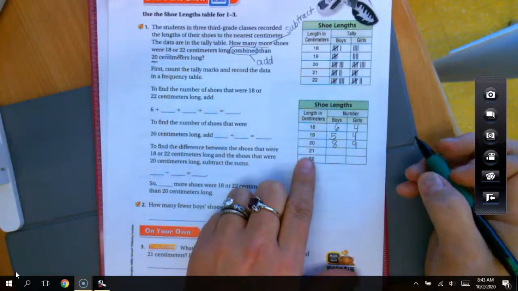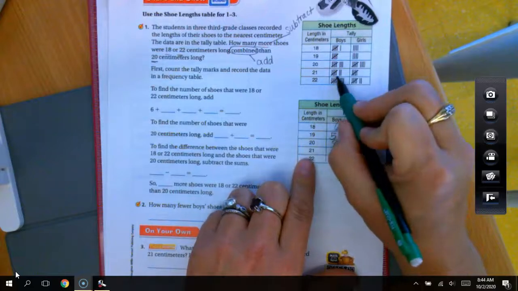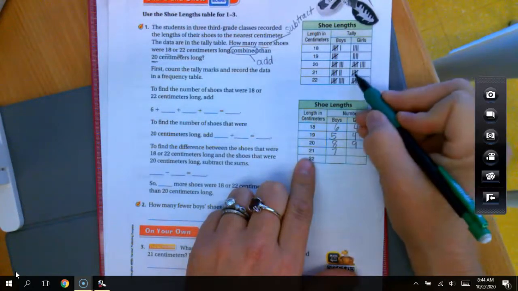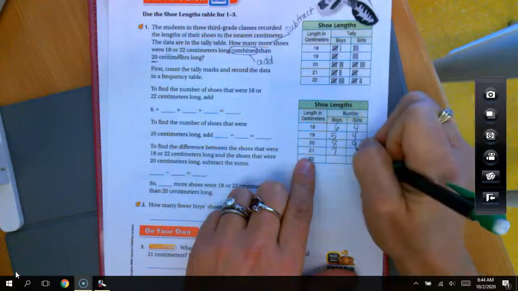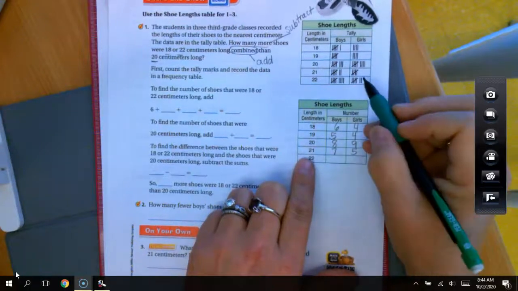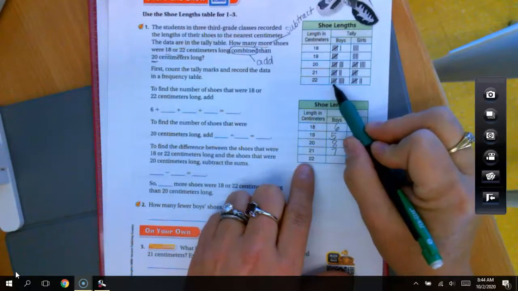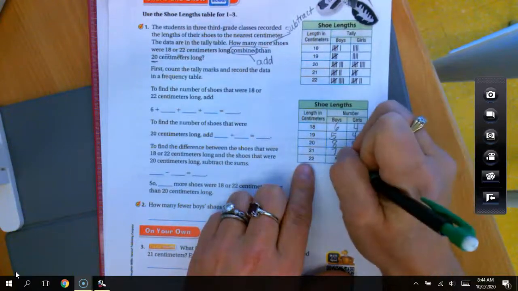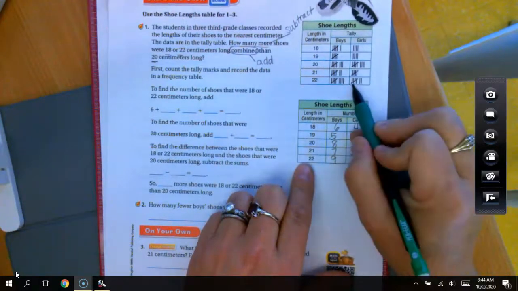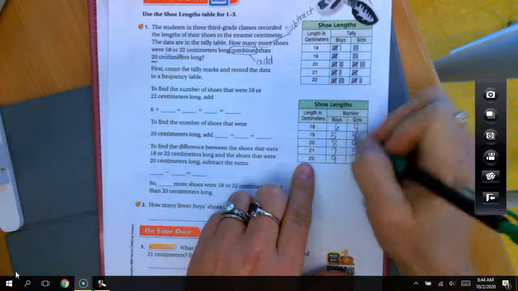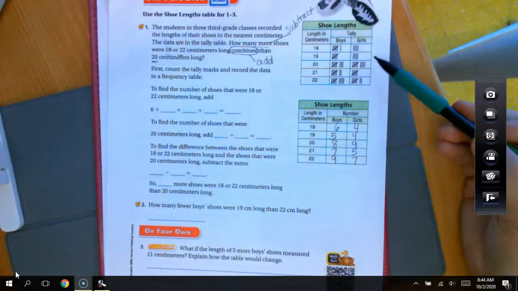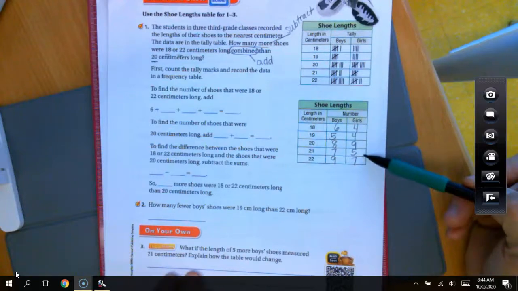Then I go to 21, 5, 6, 7 for boys, and just 5 for girls. And then 22, I have 5, 6, 7, 8, 9 for boys, and 5, 6, 7 for girls. So now I just changed my tally table into a frequency table.